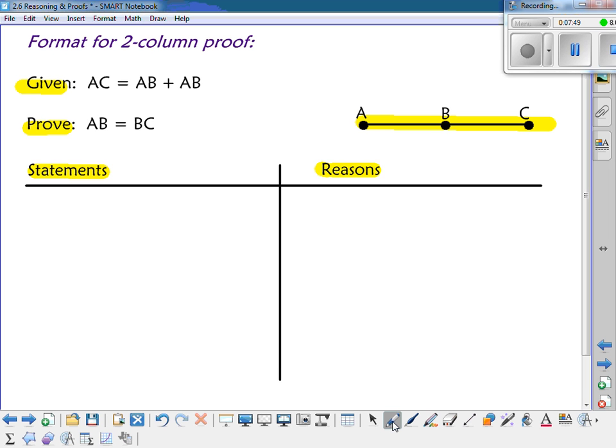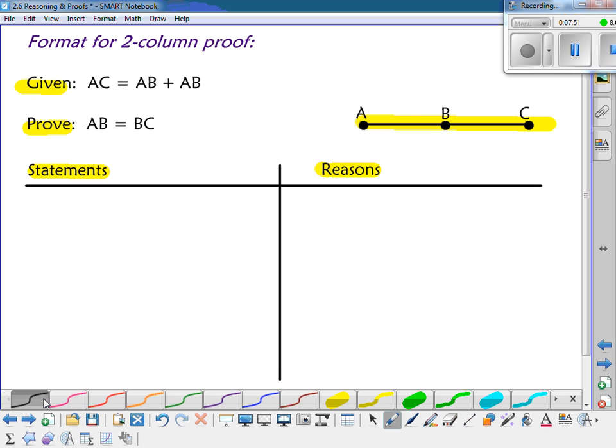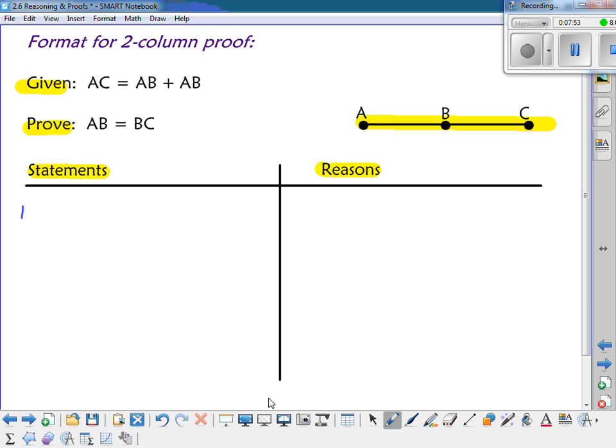Almost always we are going to start with the information that we were given. We were told that AC is equal to AB plus AB. That was given to us. Before we go any further, let's take a look at what we're trying to prove. We were given that AC, the whole thing, is equal to AB plus AB.